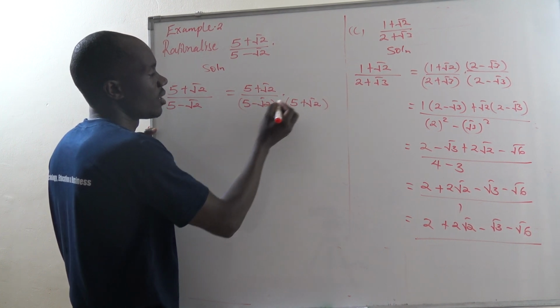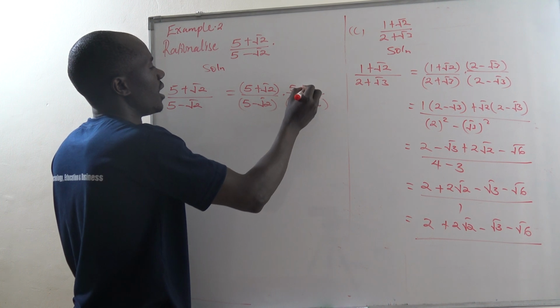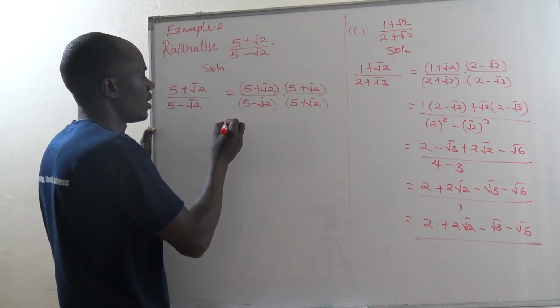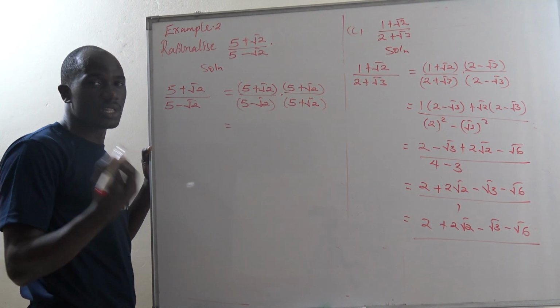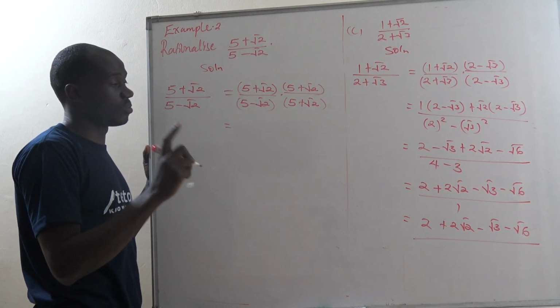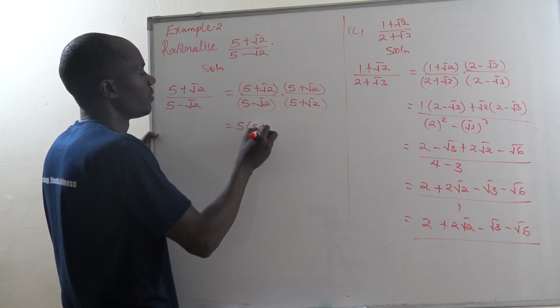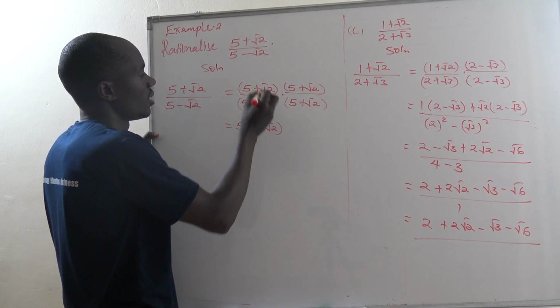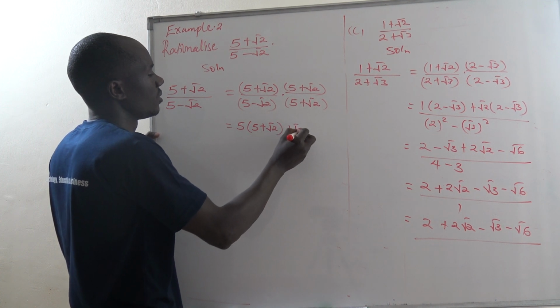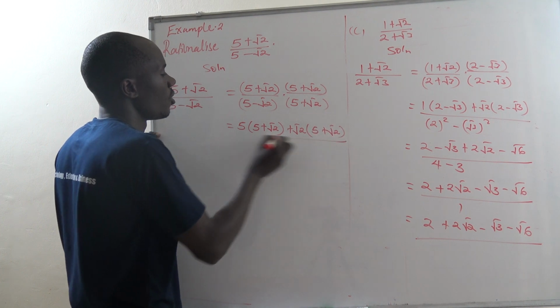For this one, what you have done down, also do it up, 5 plus root 2. So can we open the brackets using layman's understanding? We are going to say 5 into 5 plus root 2, then here there is plus root 2 into 5 plus root 2, all over.